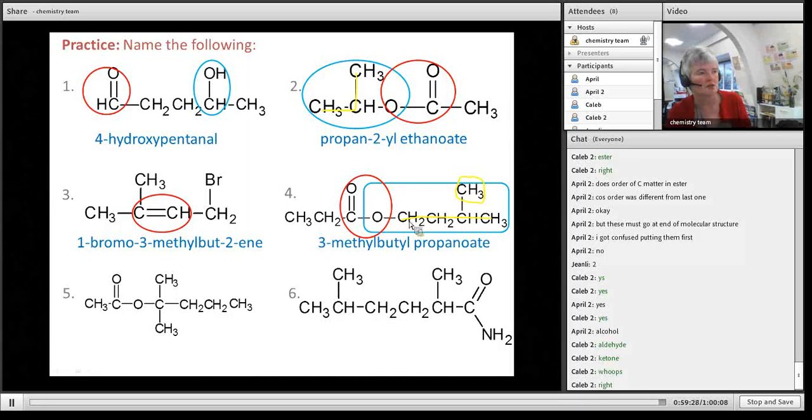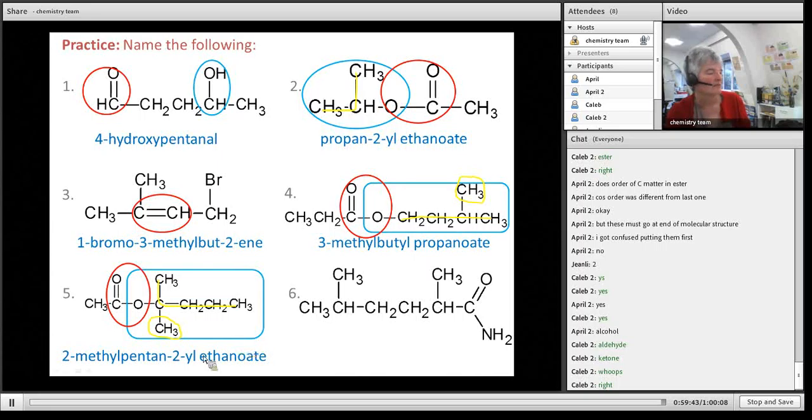Because there's only one carbon attached, there's no other side chain, it's 3-methylbutyl. But I'm getting quite complicated ones here. Do the ones in the books, they're less complicated. Again, an ester. I've done lots of esters, I should actually take that one out. I really don't think you're going to get things like that.